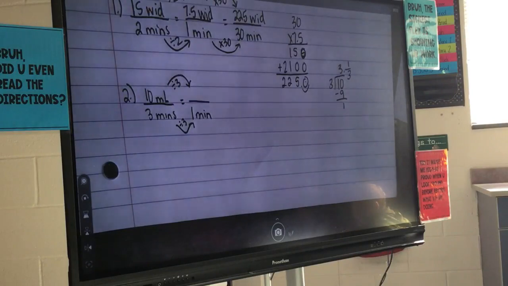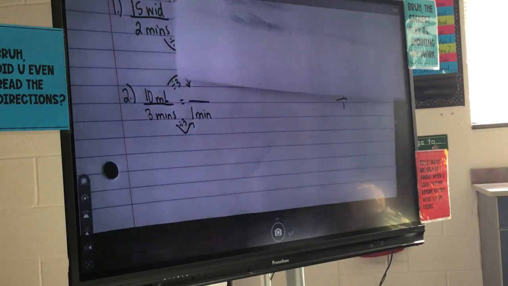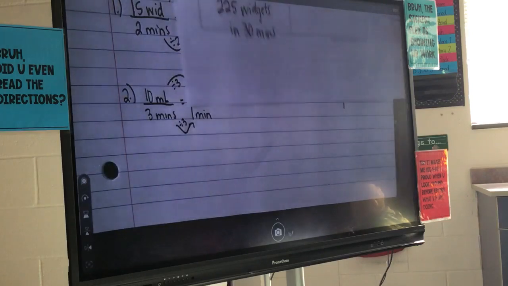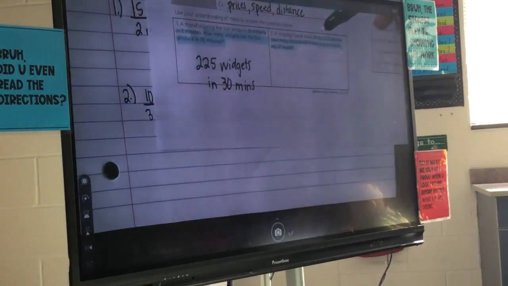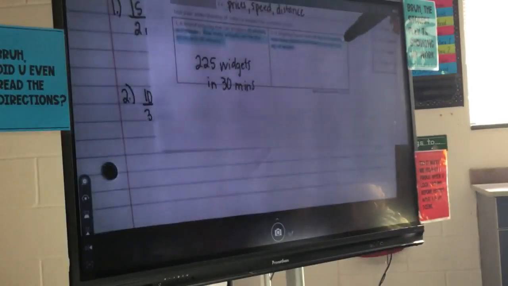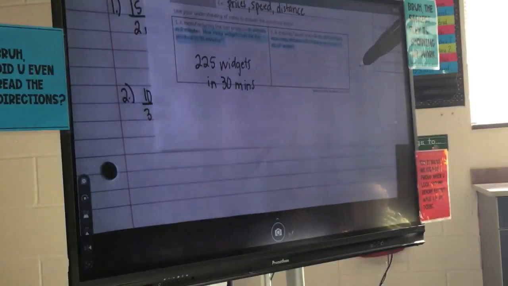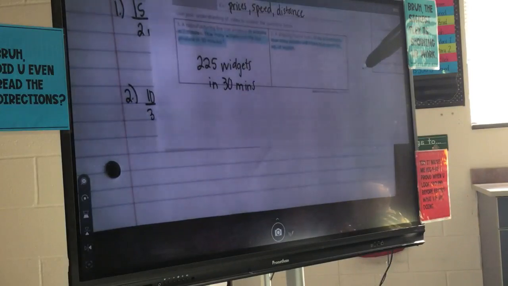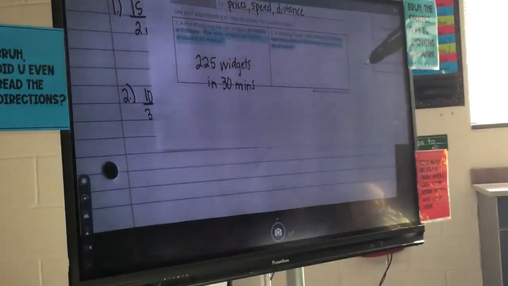All right. So let's look at the information that is given to us real quick. We have 10 milliliters in 3 minutes. We need to know how many minutes it will take to produce 140 milliliters. So did we set up our problem correctly? No, we did not. Okay?